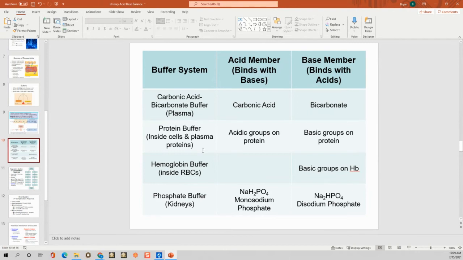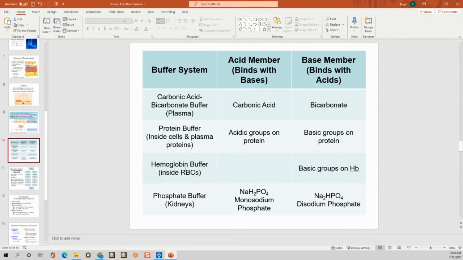It's not necessarily good for the protein, but it is a buffer. So the acid group on the proteins, the carboxyl group versus the amine group, is going to be binding up bases. So yeah, good stuff.